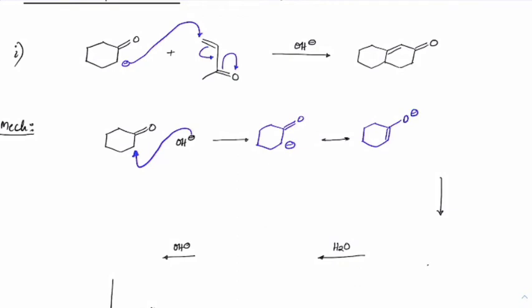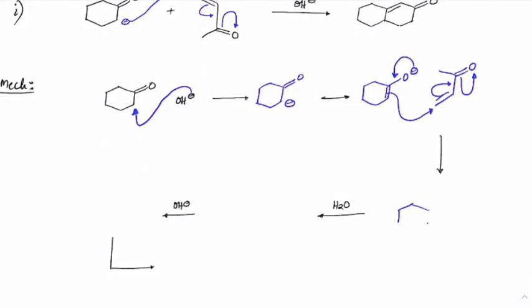That is attacking on the double bond O here, making a Michael's addition. So this double bond will again close, the minus charge will close as a double bond, the pi will attack here, and this double bond will become O minus.